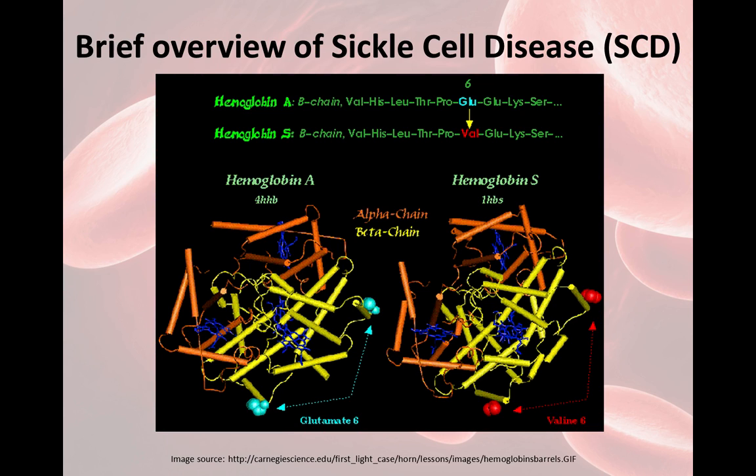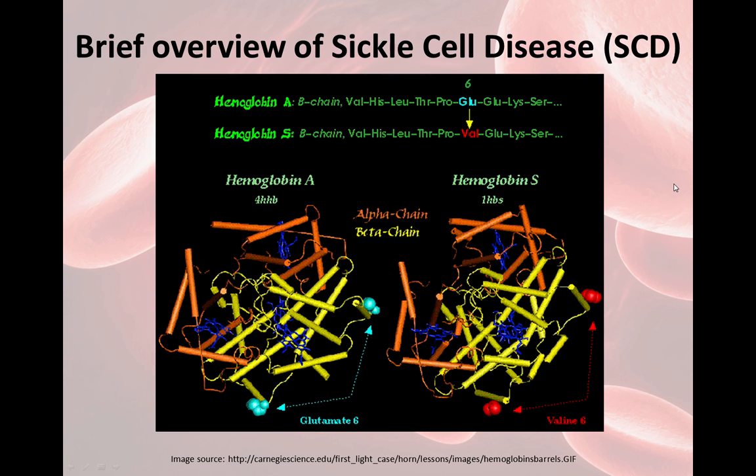Now, the gene defect is a known mutation of a single nucleotide, a single nucleotide polymorphism, or SNP, of an adenine to a thymine in the beta-globin chain, resulting in a polar amino acid, in this case glutamic acid, being substituted by a nonpolar amino acid, valine, at position 6.